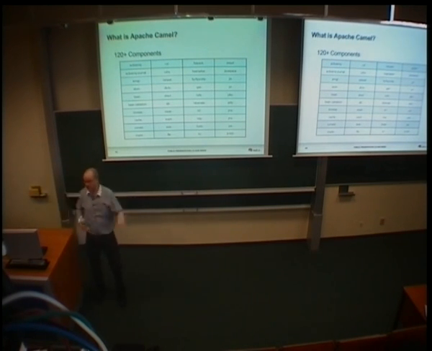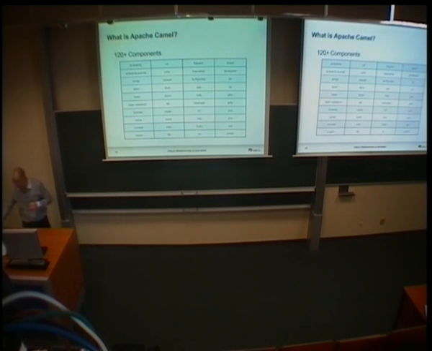And this is what people are doing. And it's easy to write a Camel component because you already got 120 examples you can take a look at and see how they implement it. But we also provide Maven tooling to set up a new Maven project that is a ready-made component for you to use as a skeleton for creating new components.